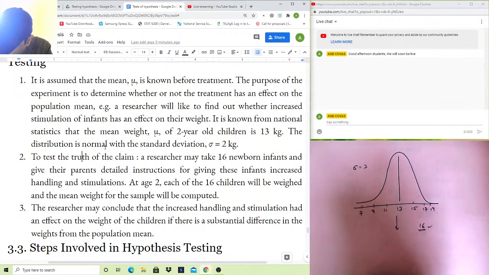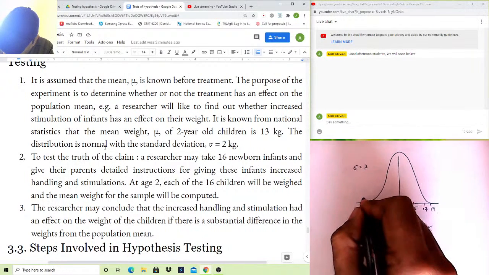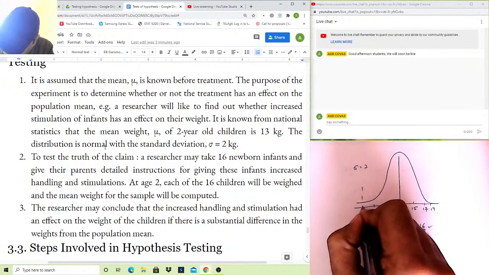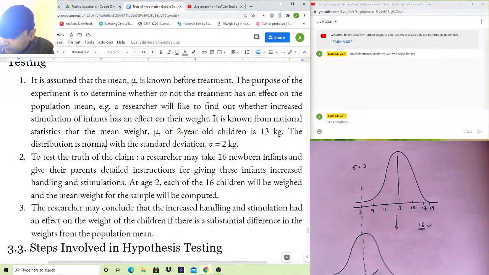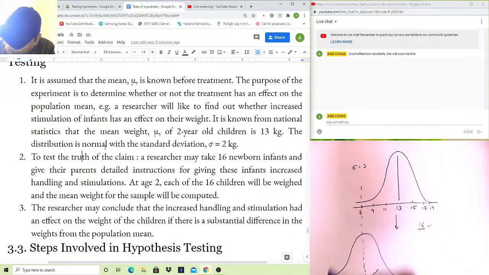Say, for example, of these 16, we get a graph like this, such that their mean lies somewhere here, that is 7, for the sample we have obtained from it.